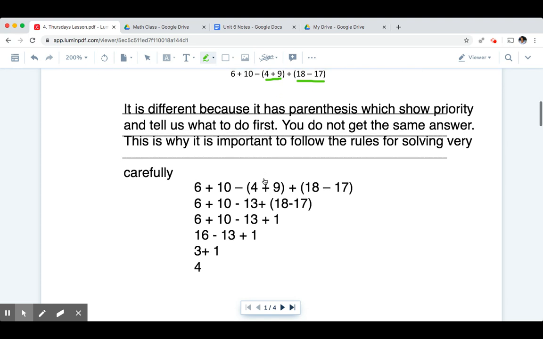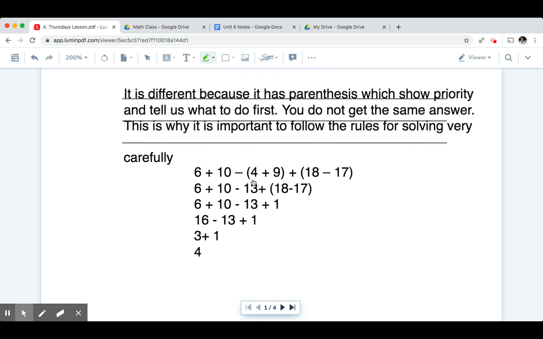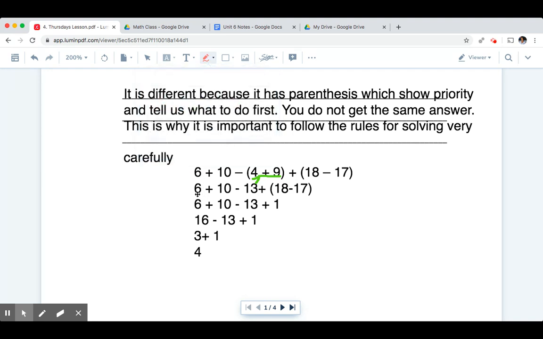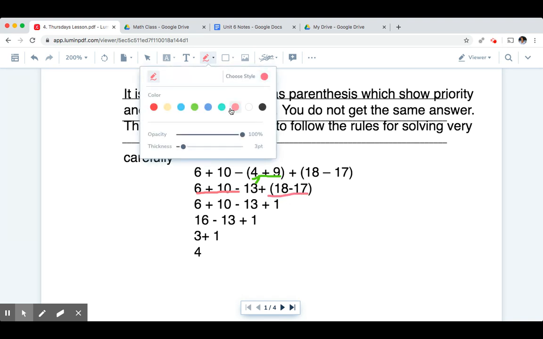Let's take a look at my work. First, I did 4 plus 9 and it got me 13, and I filled that in. Everything else, I rewrote exactly the same because I hadn't solved it yet. Next, I'm going to solve my second set of parentheses of 18 minus 17.